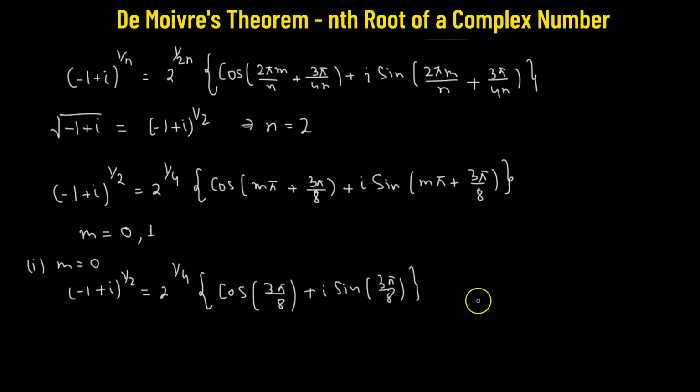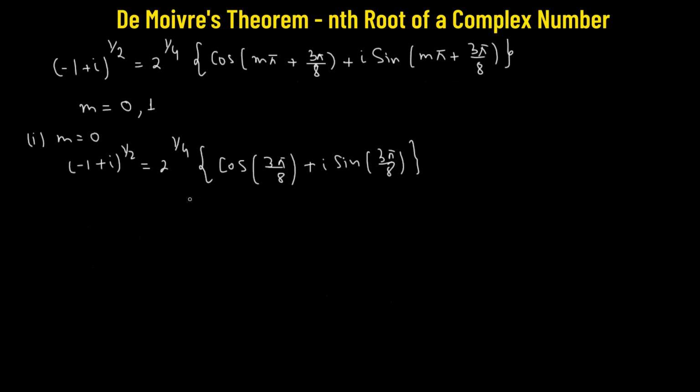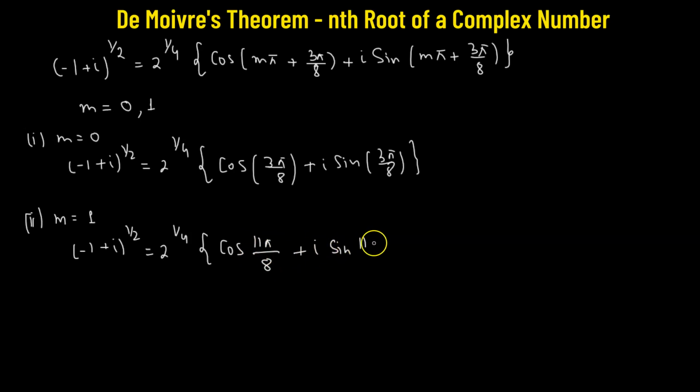So this is going to be one of the roots of the square root, and the other one we get by taking m equal to 1, such that negative 1 plus iota raised to the power of half equals 2 raised to the power of 1/4 multiplied to cosine of pi plus 3 pi over 8, so this is 11 pi over 8, plus iota times sine 11 pi over 8. So these are going to be the two square roots of our given complex number negative 1 plus iota.